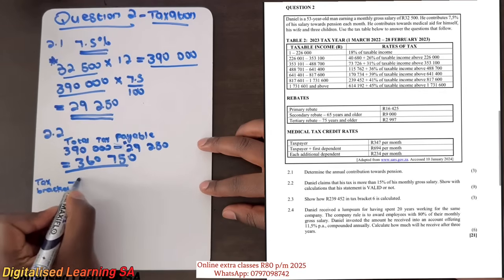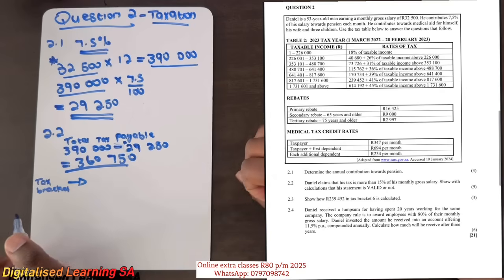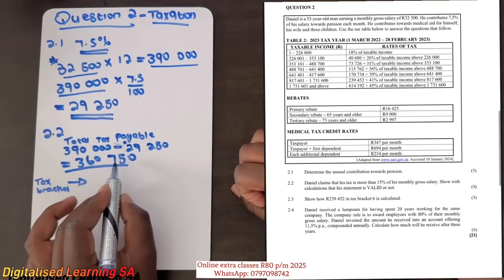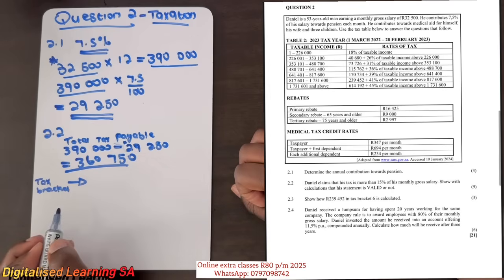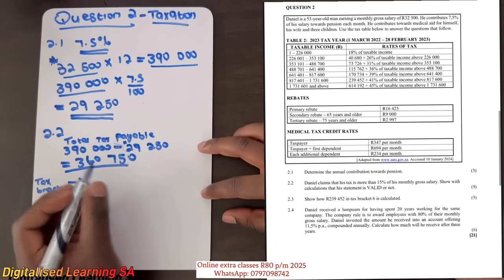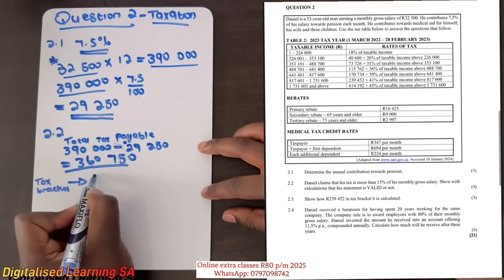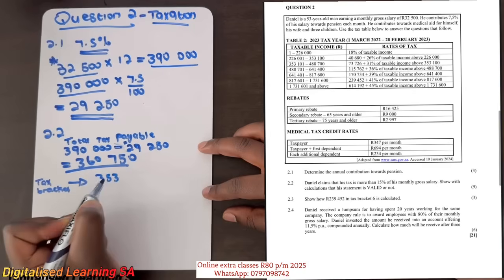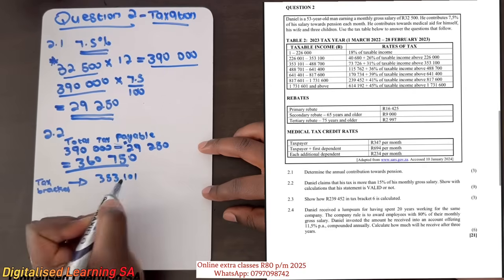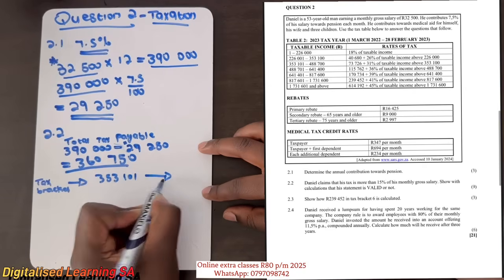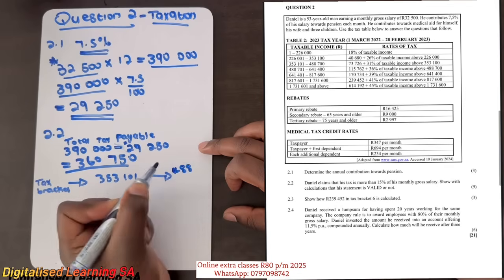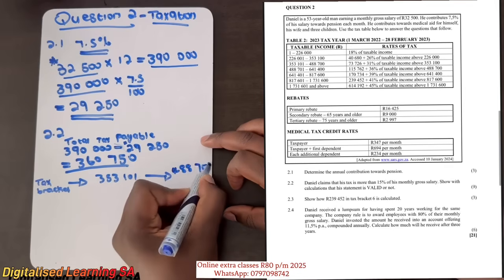If we look at our first table, we need to find where this 360,750 fits in. Looking at tax bracket number 3, we can see that it ranges from 353,101 to 488,700.